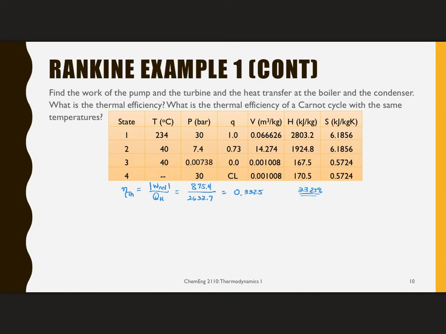It's not really all that impressive, but how terrible is it? Or maybe it's not that bad. Let's compare it to the maximum possible. The maximum possible is for the Carnot cycle, which is going to be 1 minus TL over TH. Remember to work with kelvins, so it's 1 minus 313 over 273 plus 234.